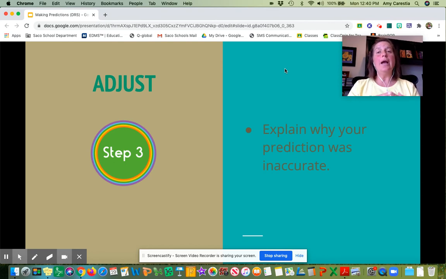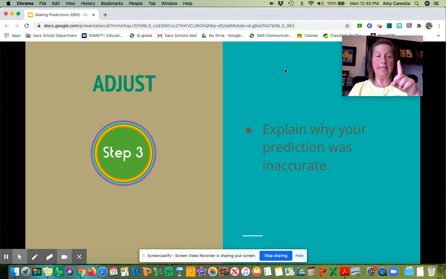Confirming means that you actually were very accurate. Your educational guess was on target. And you just need to note somewhere, either lightly underlining or writing it on a Google Doc or in your ELA notebook or flagging it in your book, the textual evidence that shows that your prediction came true. And that's all you need for confirming. Again, adjusting has 3 steps.